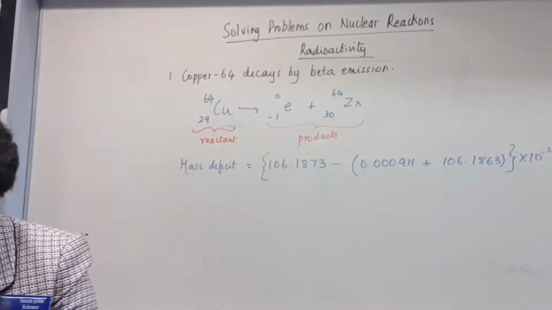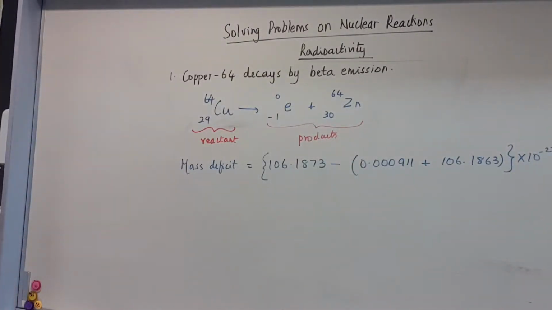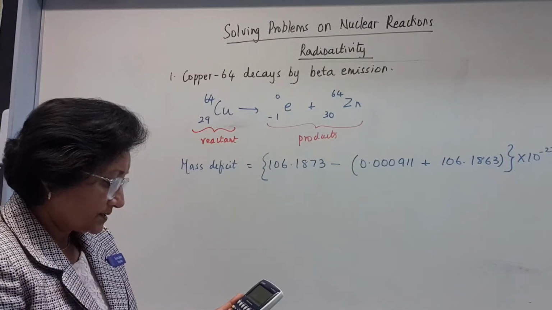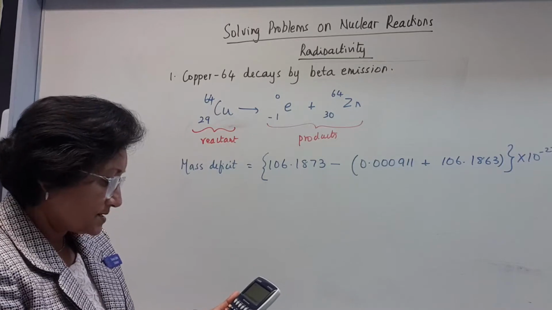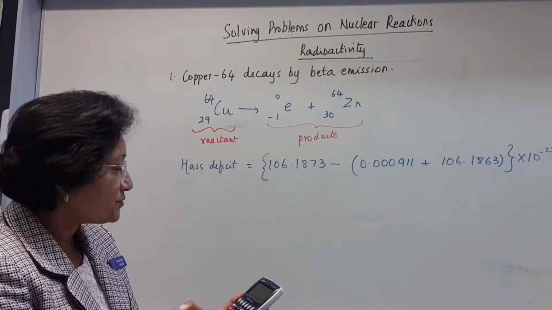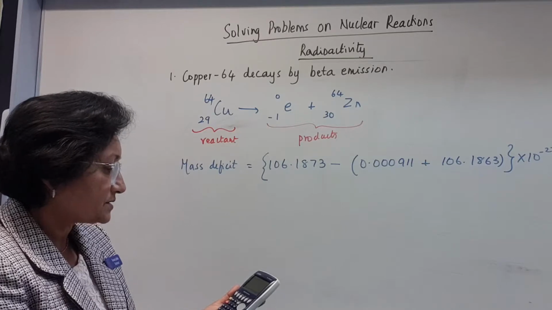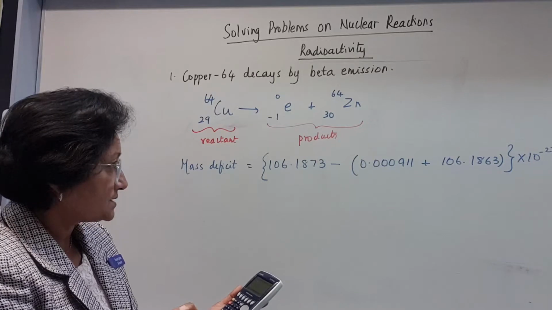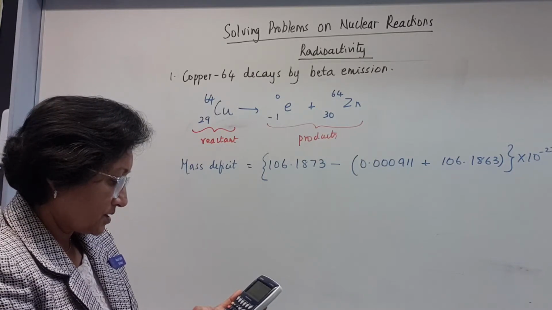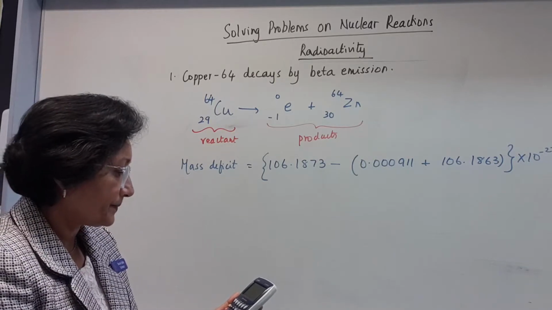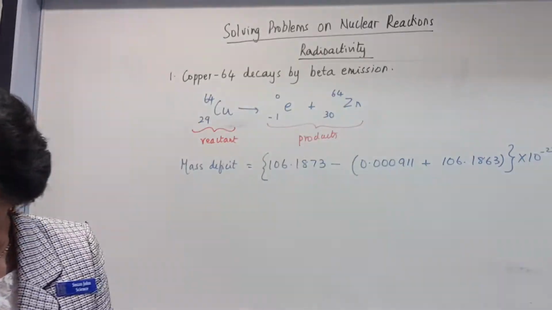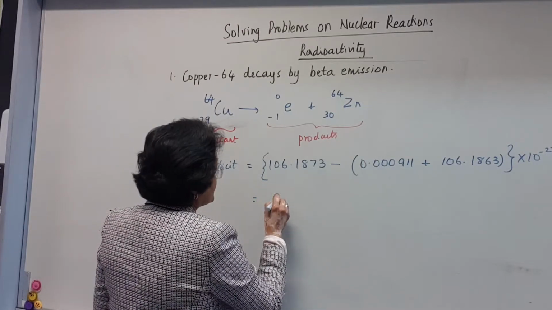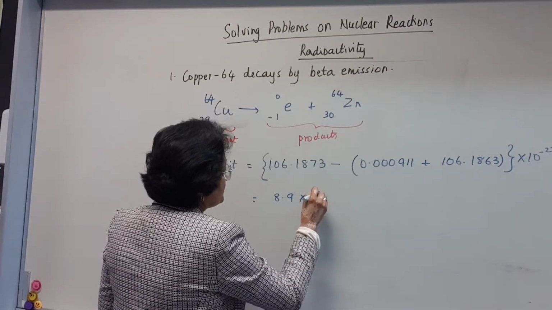Okay, so now when I put that into my calculator: 106.1873 minus, open brackets, 0.000911 plus 106.1863, I get 8.9 times 10 to the power of negative 5.